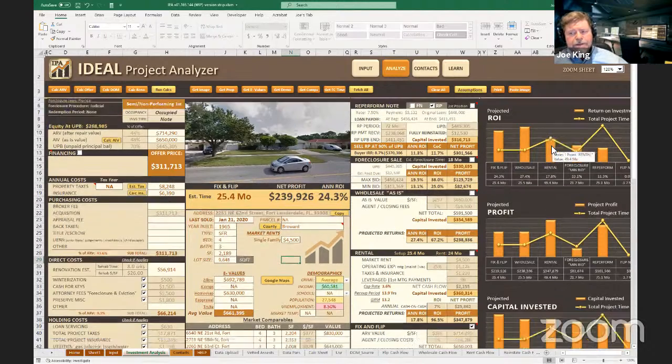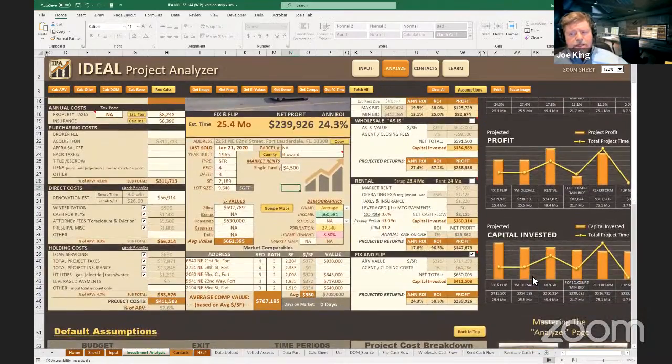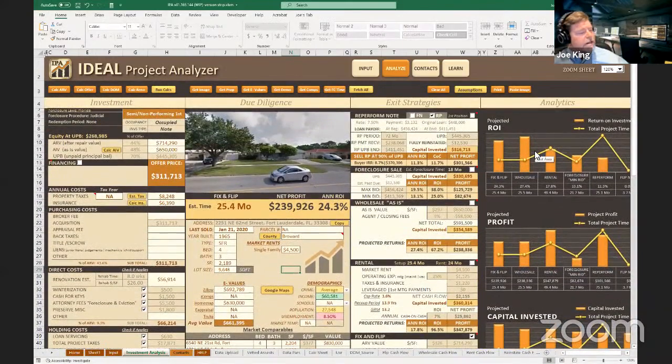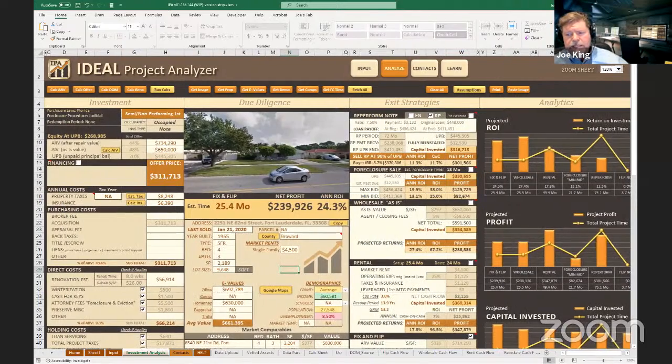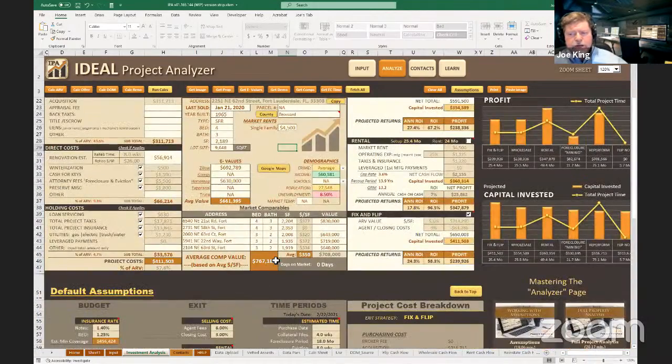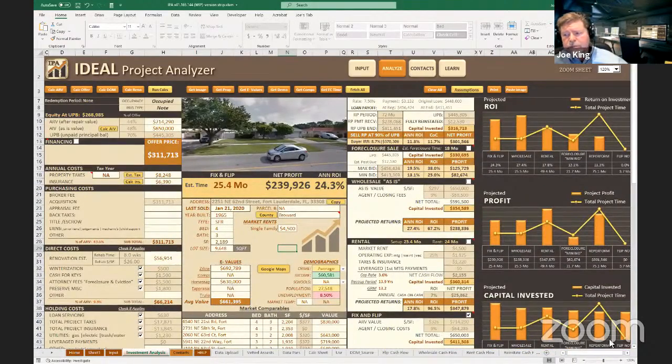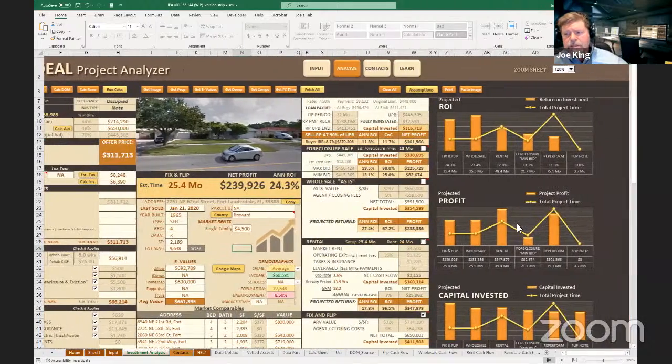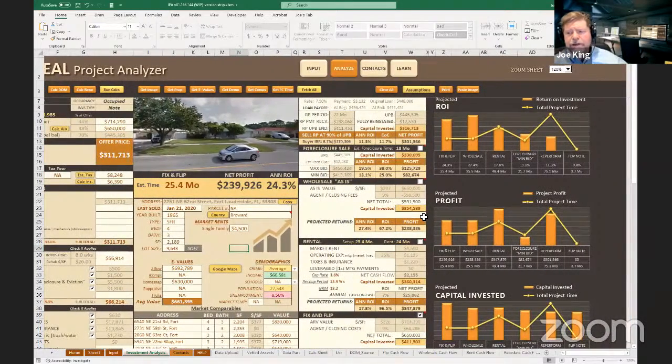Over here, one of the things we rarely talk about is our graph. If you study these graphs, you'll realize that when you run that fetch and all the information comes in and your assumptions are set correctly, all you really need to do is come over here to your graph and look at my return on investment against these different exit strategies.